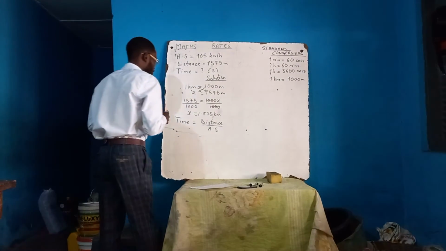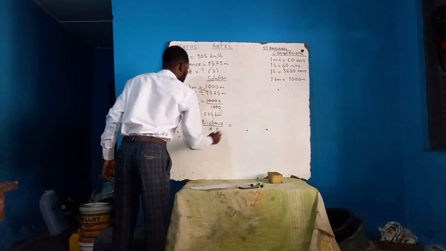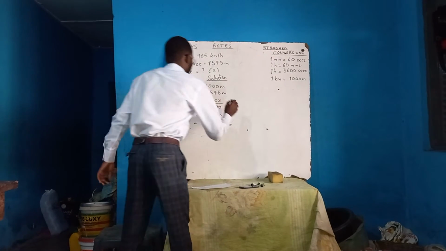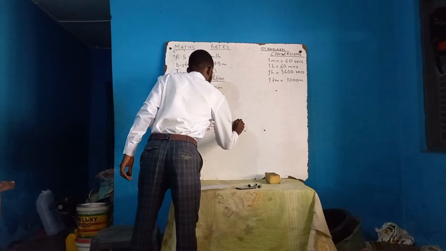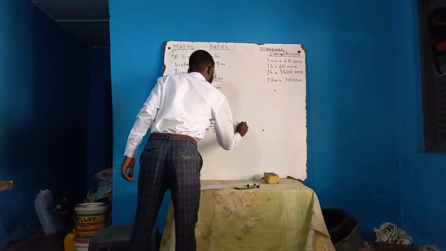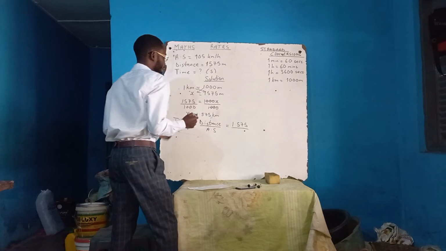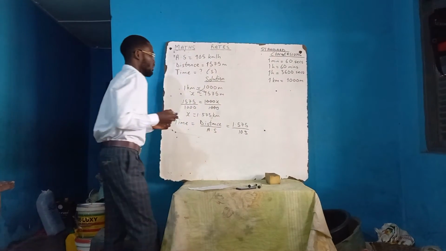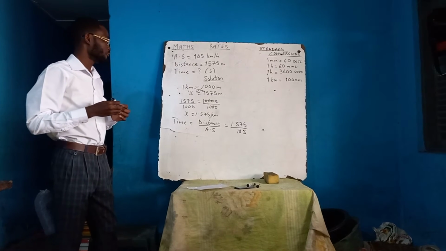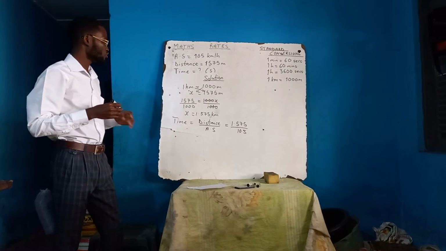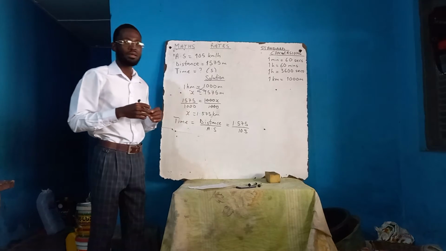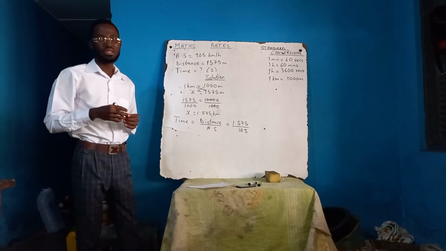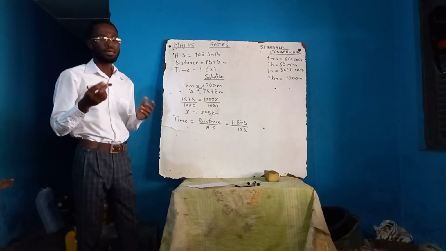All right, so we substitute the values and we have our distance is 1.575 all over 105. So we actually use the long division technique just as the data has been depicted in order to arrive at our answer.